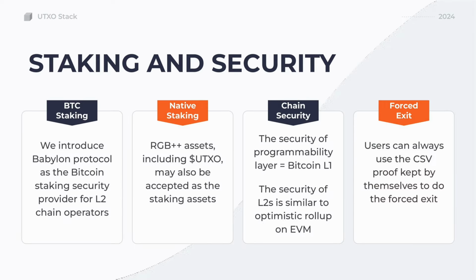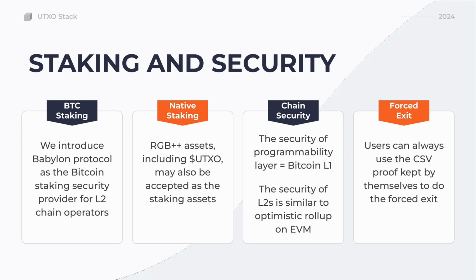So in terms of the security and staking part, like we said, the first part, we will introduce Babylon or a similar protocol to provide Bitcoin as a stake to provide the security for layer 2s. And other tokens like CKB or RGB++ coins can be accepted as staking assets on layer 1, in our smart contract.